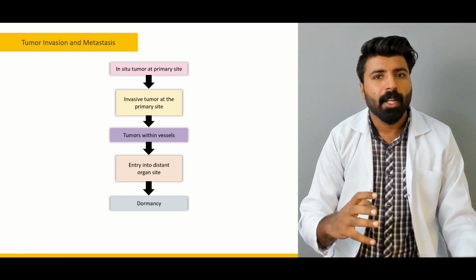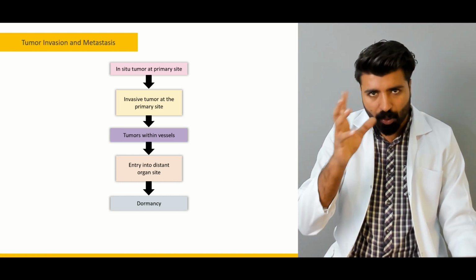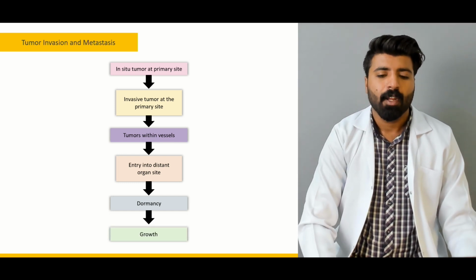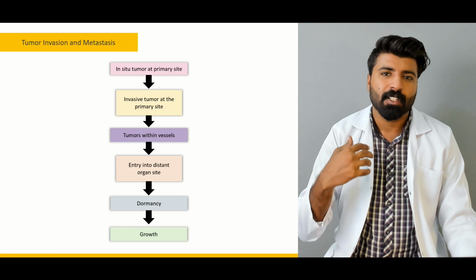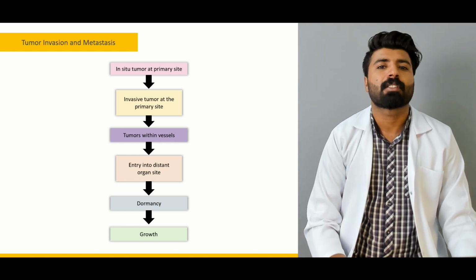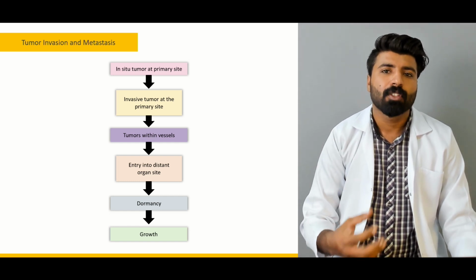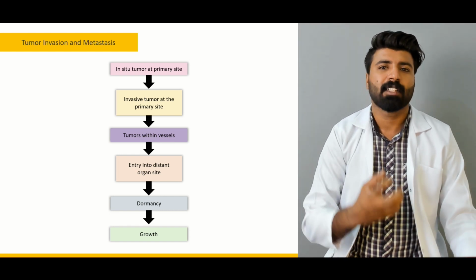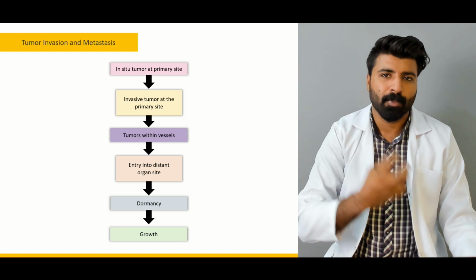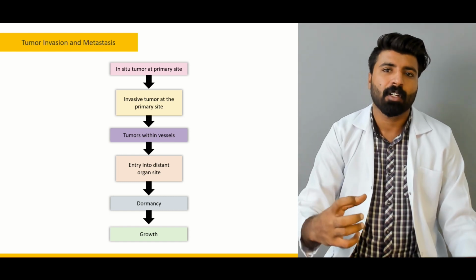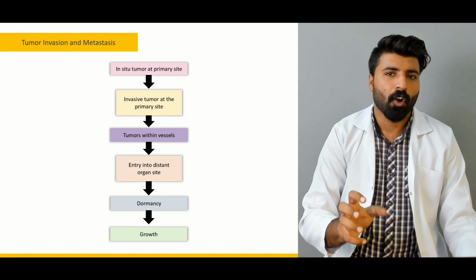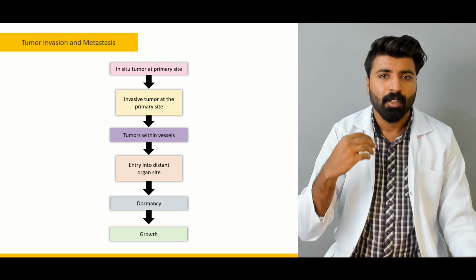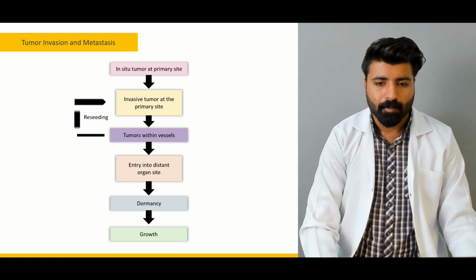They're dormant for some time, and then the whole cycle will start again. When the dormancy phase is over, the growth starts back. So first of all, they were at a place, then they invaded that place, then they got into the bloodstream, then they migrated to the distant organs, they went dormant, and at the end, they grew. They went for the growth.